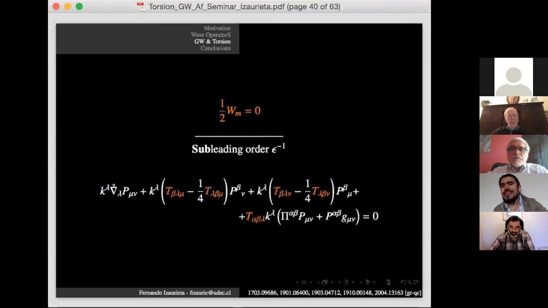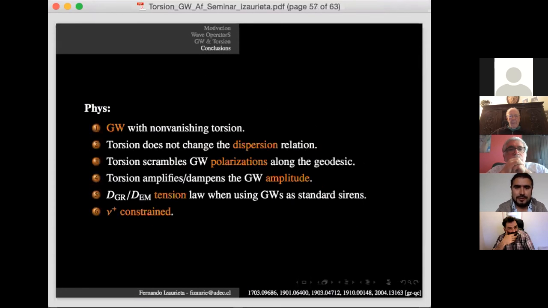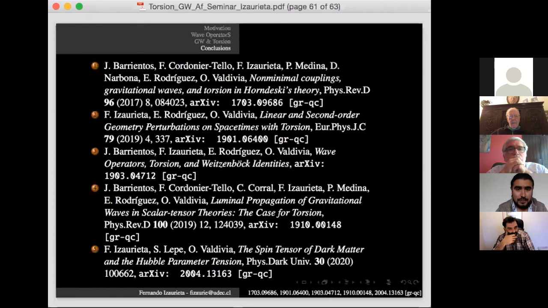Yes, in case the dark matter are fermions, then you could expect that it will produce some torsion, and actually it has a very nice consequence, and it is that it explains very nicely the Hubble tension. Here I have the reference. Actually, it is a different work we made with Samuel.